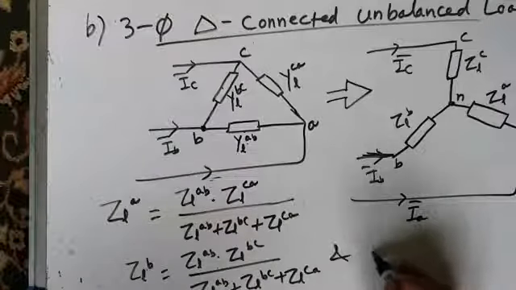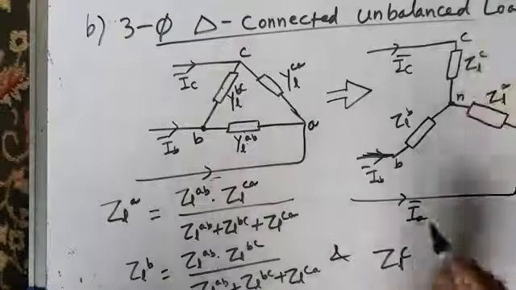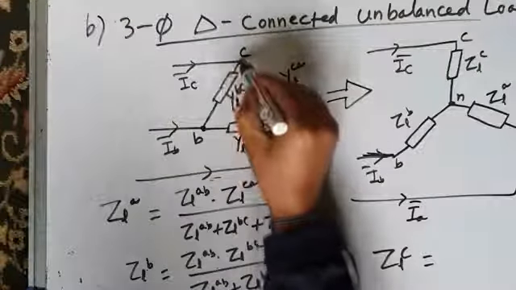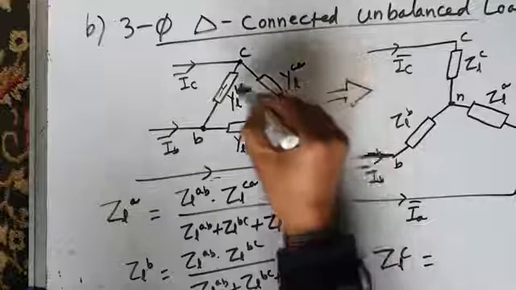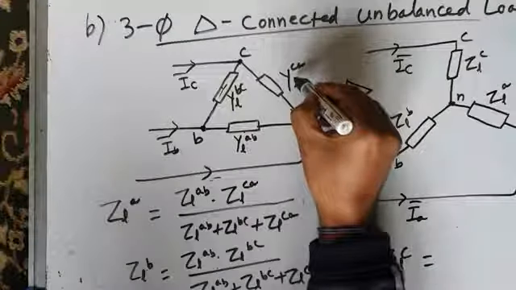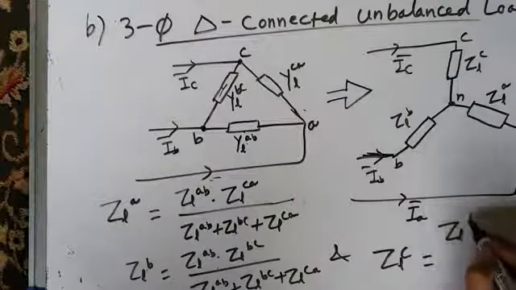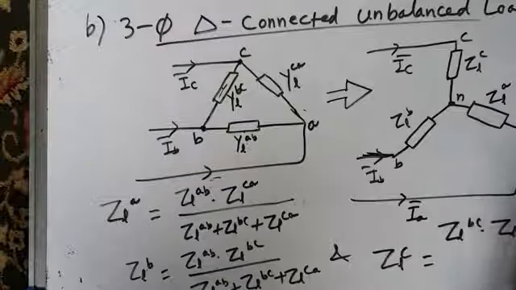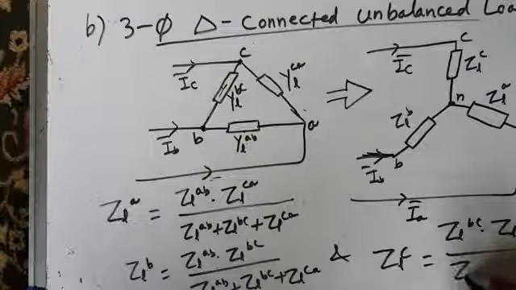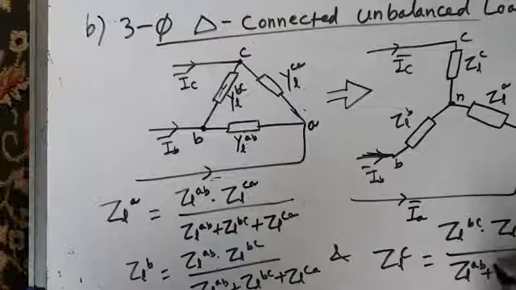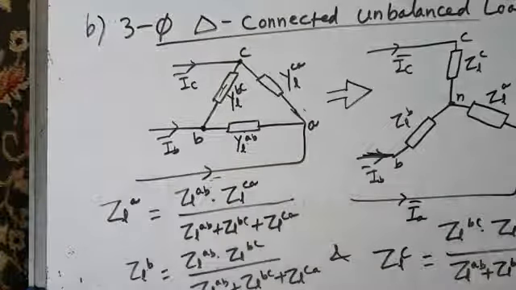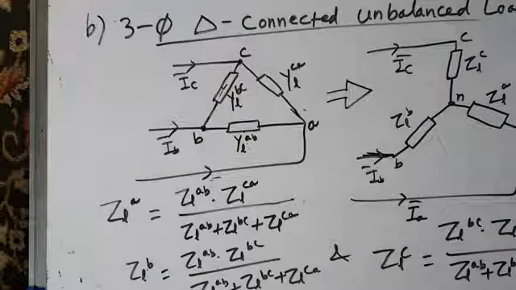And similarly, ZLC is equal to, C is this point, so it is ZLBC into ZLCA divided by the sum of three impedances, ZLAB plus ZLBC plus ZLCA. That's it. It makes our job very easy.